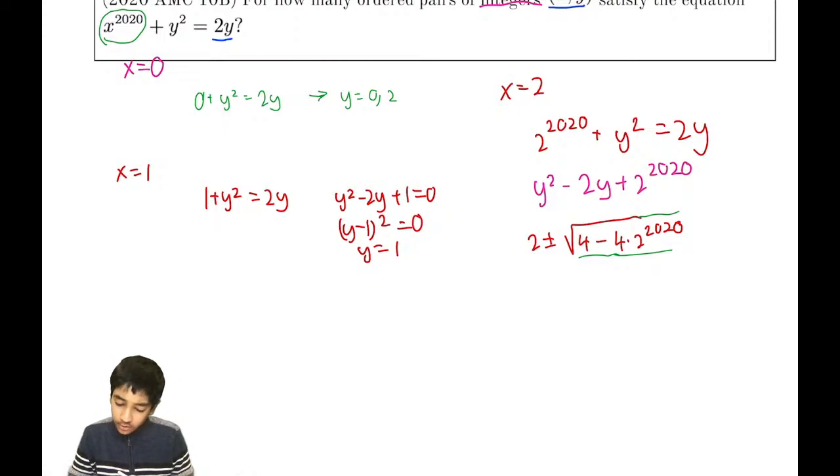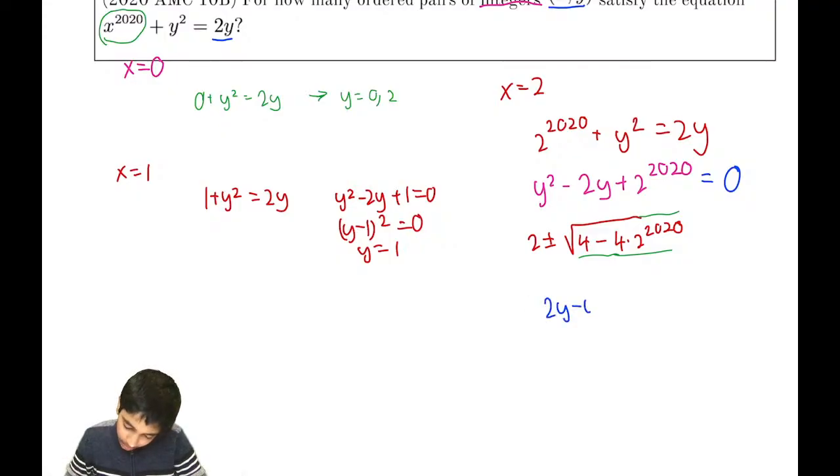And you may be asking, why is this true? The reason is that this can never be 0, because of the maximum possible value of 2y minus y squared. If you remember from the first class, we learned completing the square.